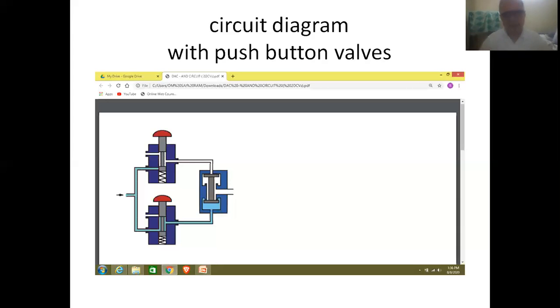Therefore, they are referred to as vertical cylinders. Now, friends, in the case of vertical cylinders, if the piston rod is arranged in the bottom portion of the cylinder, that can be used for performing press working operations.